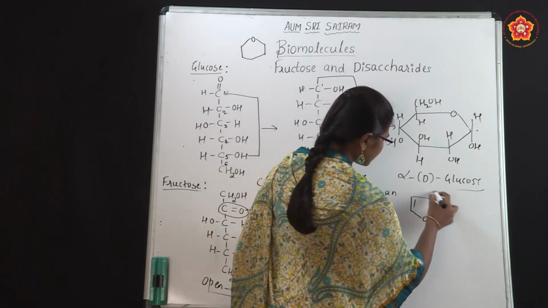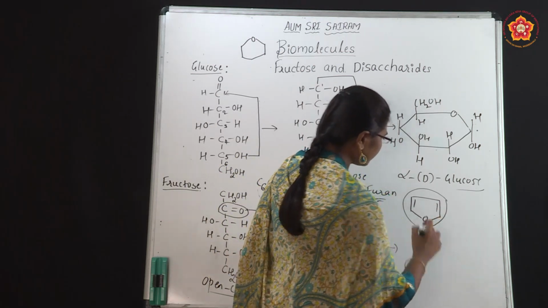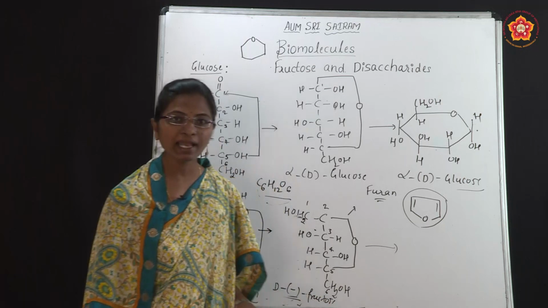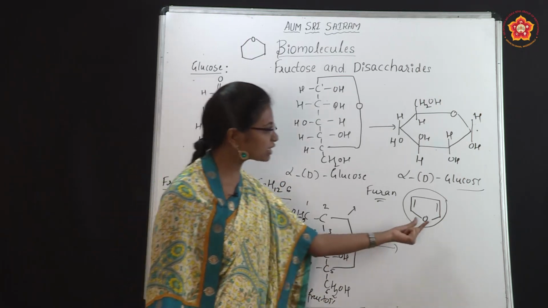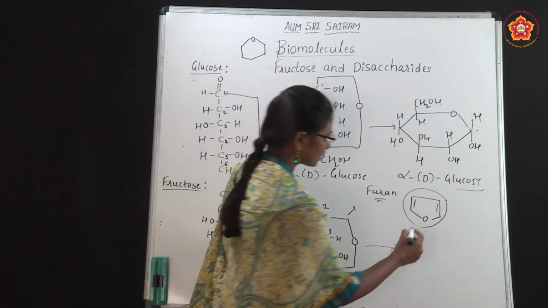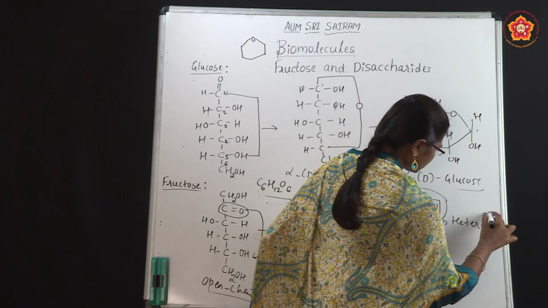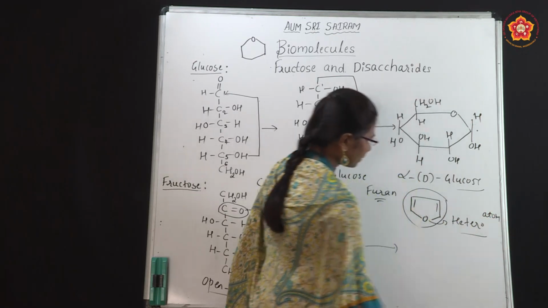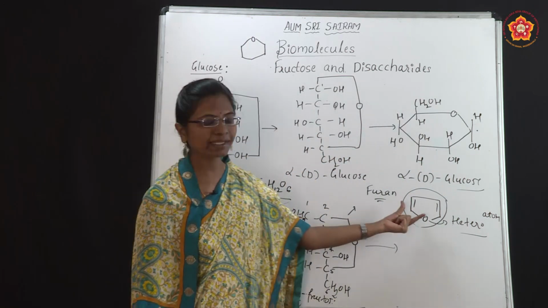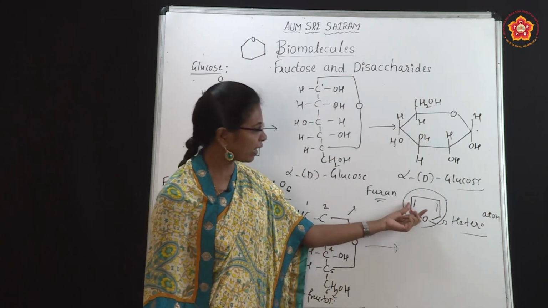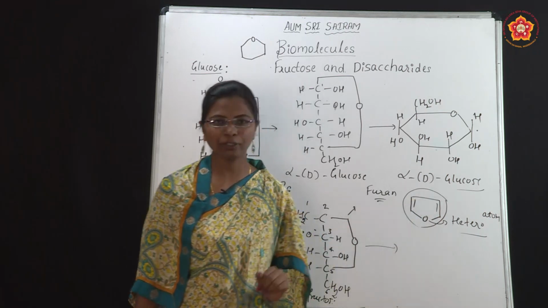This is a 5-membered ring. Furan is a 5-membered ring having oxygen as a heteroatom. Remember, furan means it is a 5-membered ring having oxygen as a heteroatom.